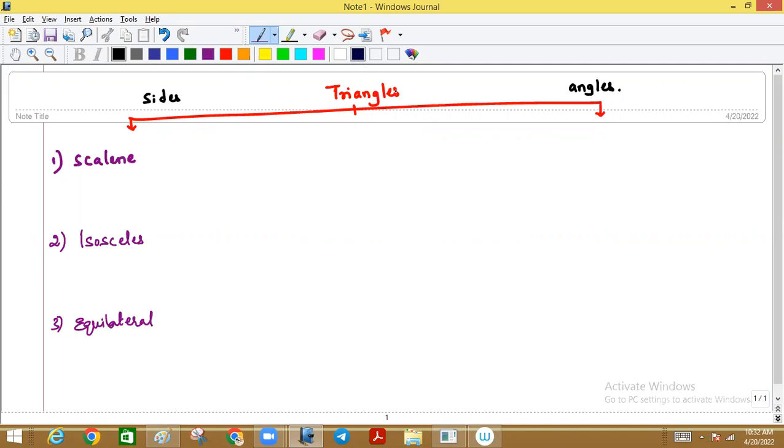If you look at based on angles, acute angle triangle, obtuse angle triangle, right angle triangle.